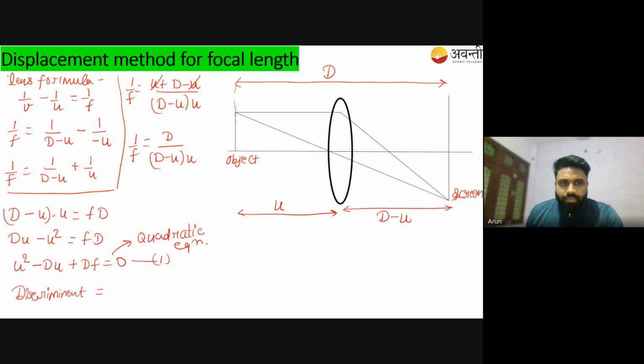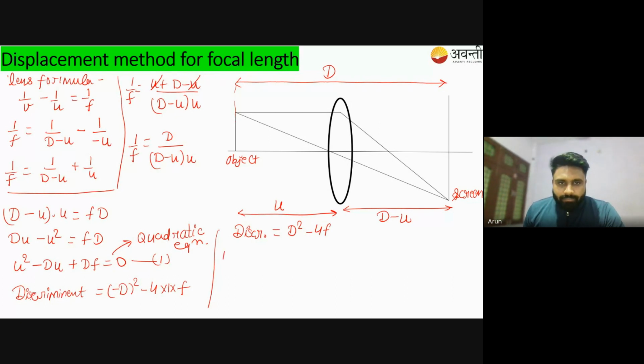What is the value of b here? b is minus D. Minus D square minus 4 times, what is the value of a? It is 1, into c. What do we have in place of c? It is f, because this is the equation between D and u, so D and u are the variables. So what do we have? The discriminant is equal to D square minus 4Df.